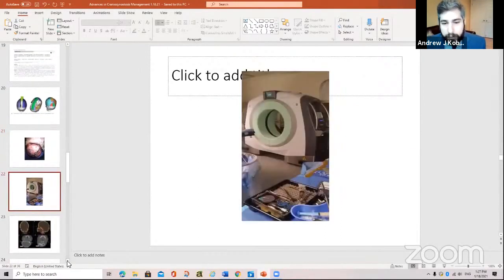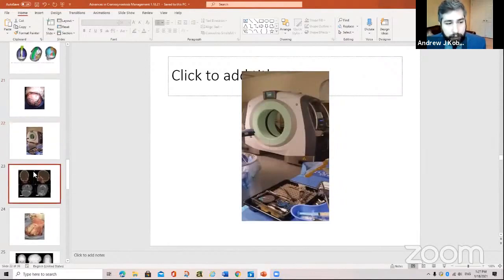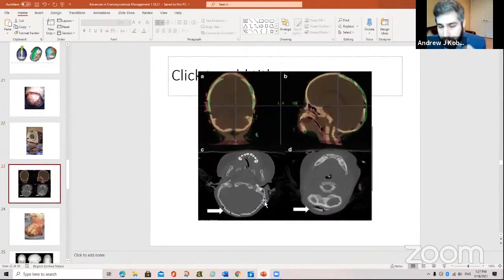We use intraoperative imaging that we have in our operating room to generate an actual image of the patient on the operating room table, and then on the top panels, A and B here, we overlay, in the green section, what our preoperative plan for the reconstruction for this patient would be.